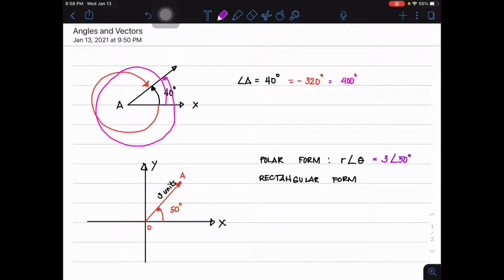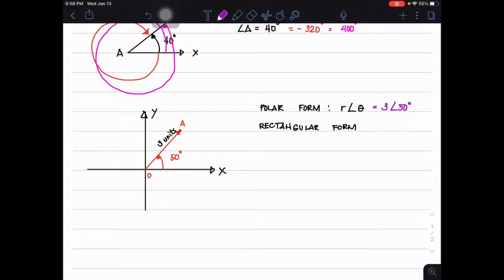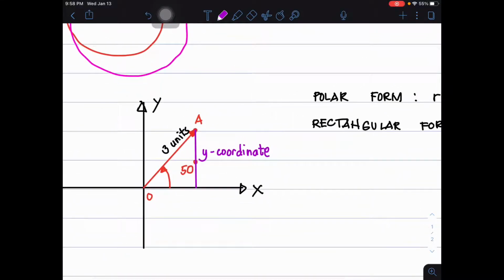If you take a look at our vector, we can actually formulate a triangle by drawing a vertical line from point A. This vertical line corresponds to the y coordinate of the vector A, and this horizontal line from the origin is actually our x coordinate.